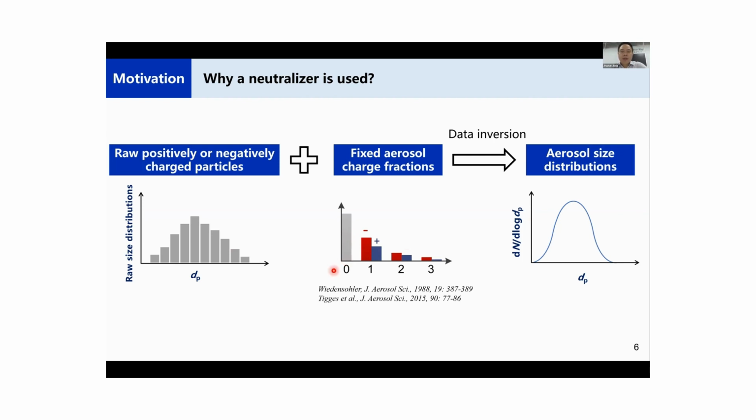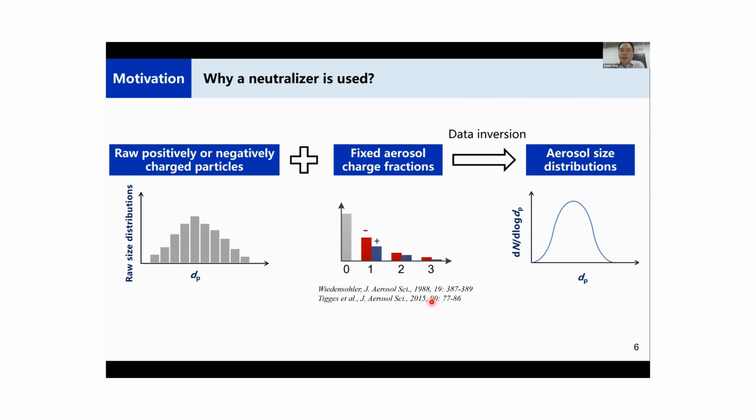So right now, for radioactive material-based neutralizers, a fixed charge fraction proposed by Dr. Ali Wieden-Solar is used in most systems. And for soft X-ray-based neutralizers, another set of fixed charge fractions was used and proposed by 2025.